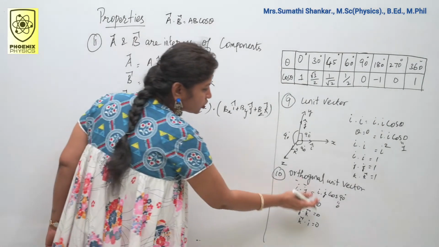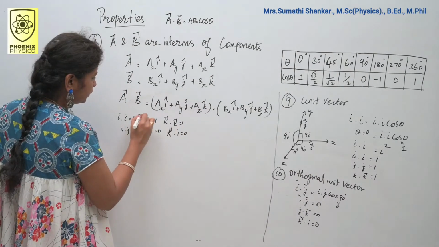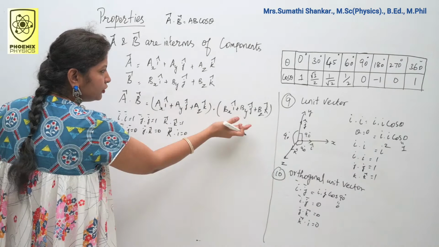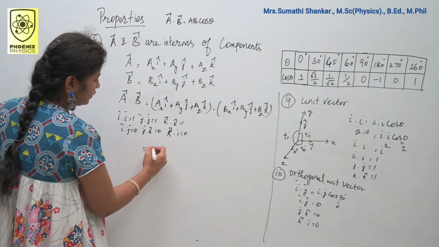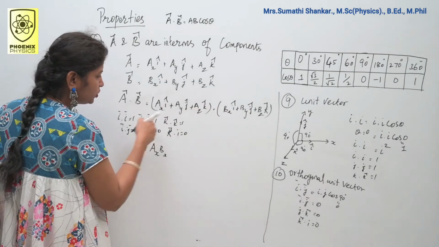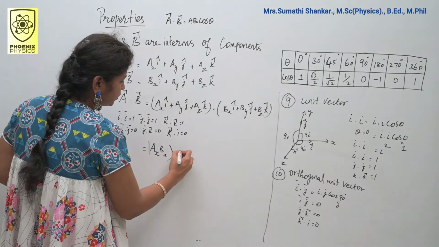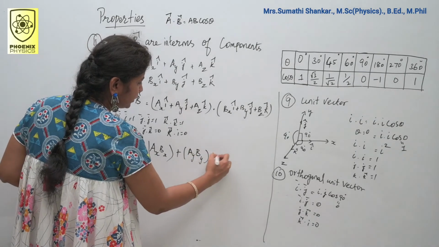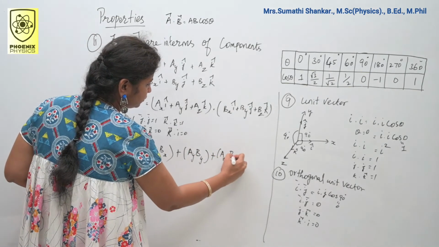Because these are all orthogonal unit vectors. So simply multiply this quantity with this quantity. So you can write like this: Ax Bx, because i dot i is 1, plus Ay By plus Az Bz.